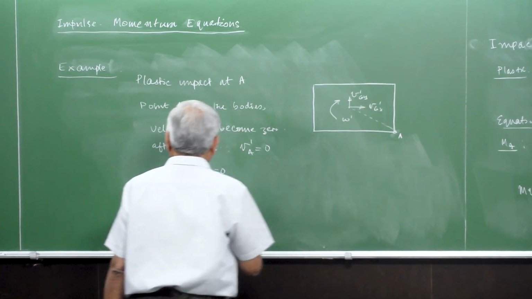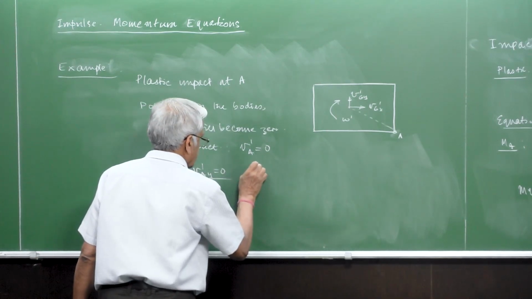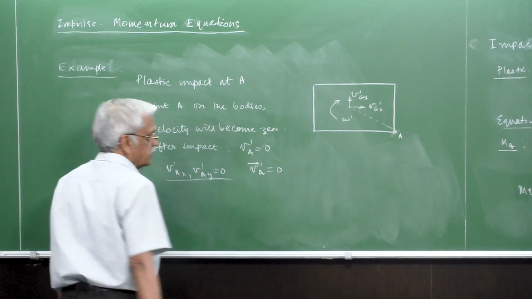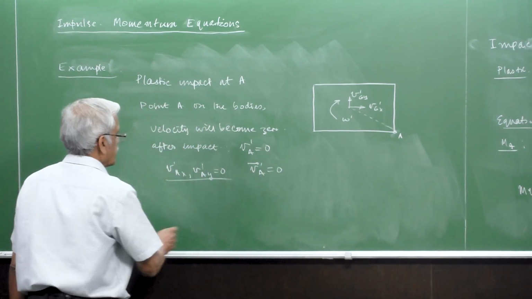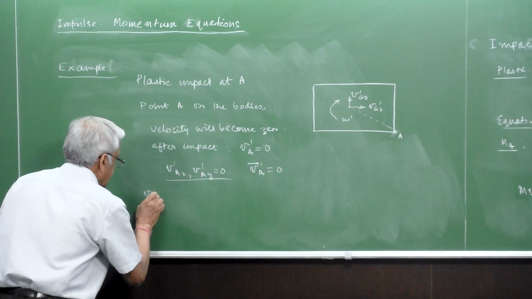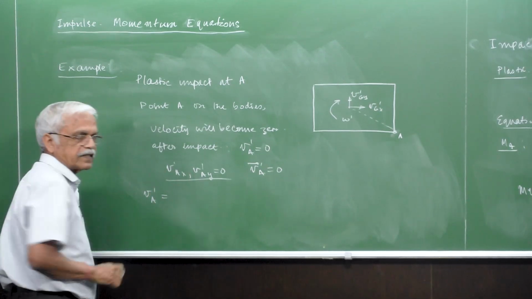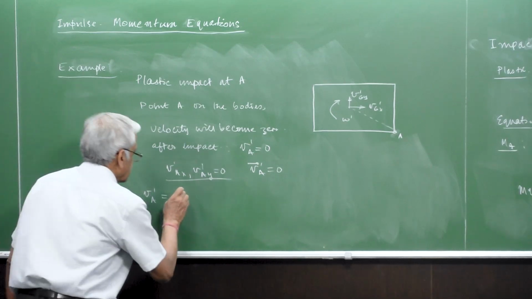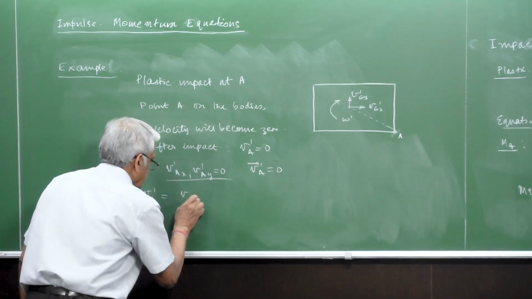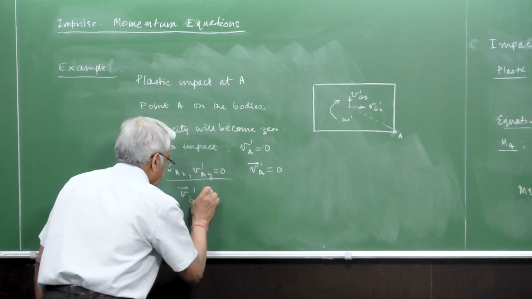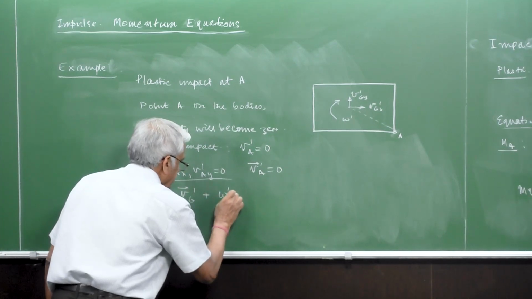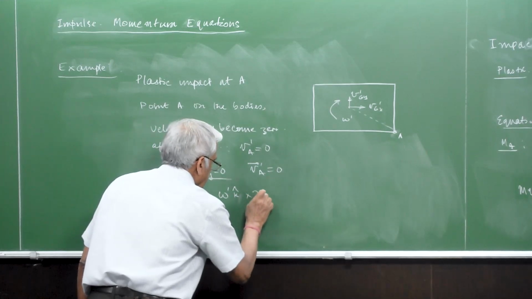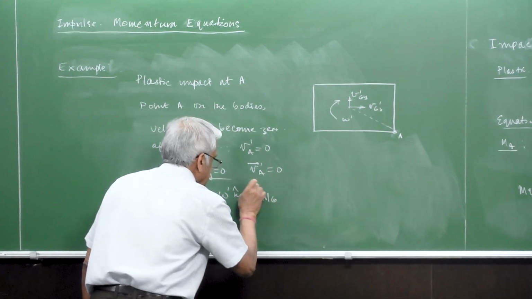That's what we have to write. So VA essentially is 0, which means we can formulate the velocity equation for A prime as Vg prime plus omega k cross the position vector of A with G.